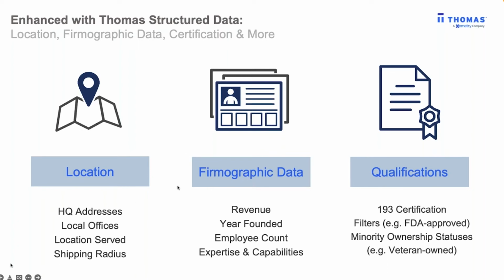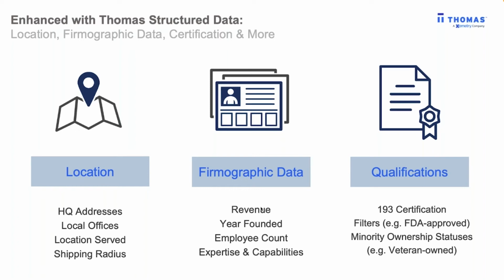Within all suppliers, you can filter them by location, firmographic information such as when they were founded, estimated annual revenue, employee counts, expertise and capabilities, qualifications, including diversity statuses, ASME all the way through to FDA clean room, ISO certificate, and ITAR if you work in the defense industry.